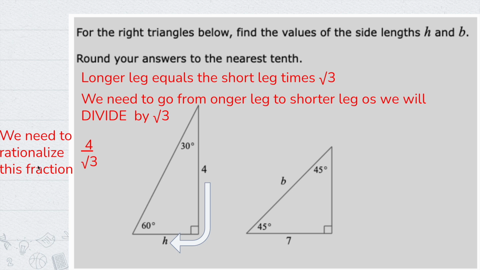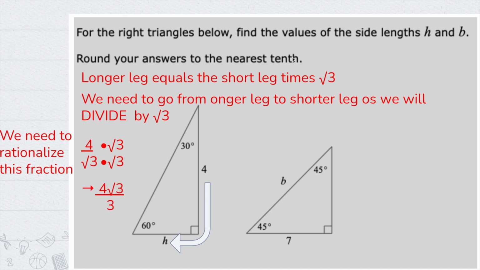I can't leave it that way, because I can't leave a root 3 in the bottom. So I'm going to multiply by root 3 on the top and the bottom. So this is going to become 4 root 3. And then anytime I multiply a root by itself, I actually get to take that number out. The reason is because if I went 3 times 3, I get 9, and the square root of 9 is 3. So I end up with 4 root 3 over 3.